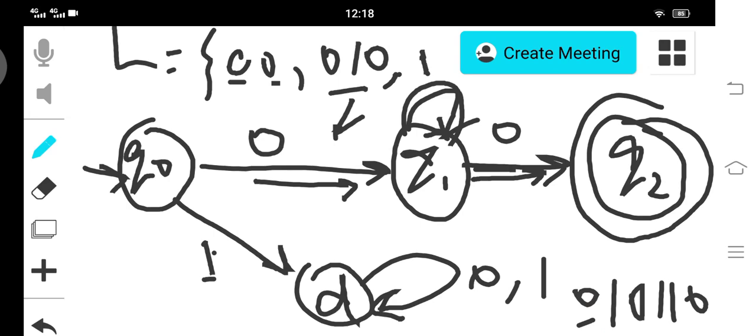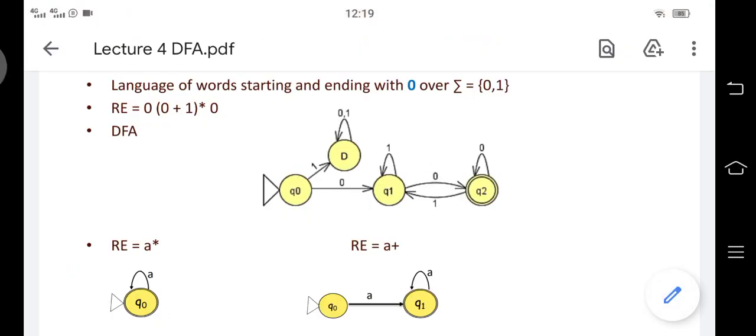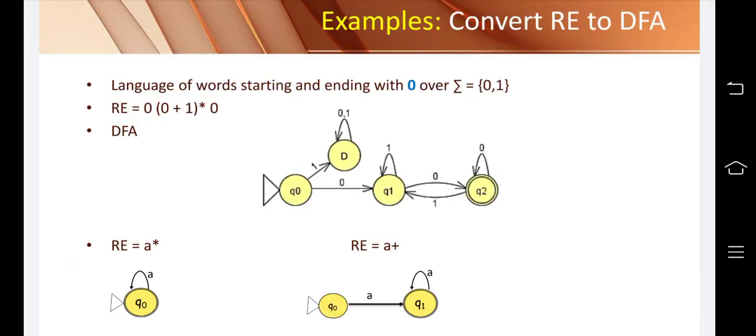Any combination of 1 goes from Q1 back to Q1, then any combination of 1 and 0. If there is another 0, then we need a loop on Q2. This is the complete finite automata for our language.